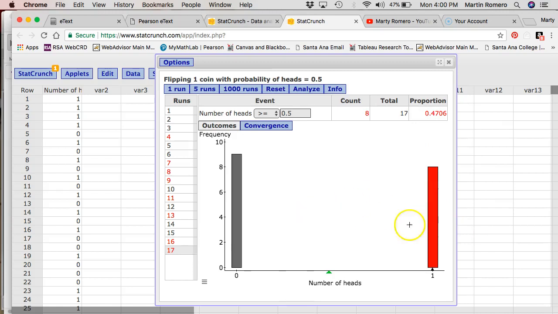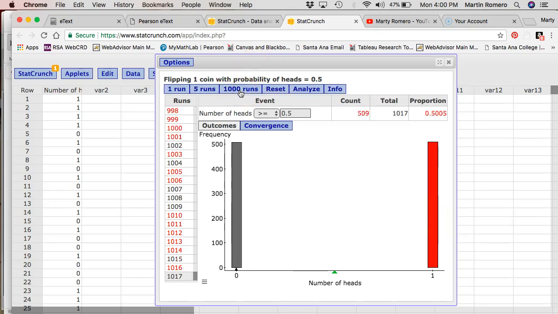But in the short term, notice, even though we flipped 17 times, we have 9 tails and 8 heads. So I'm going to run it 1,000 times. You can see after 1,000 times, our proportion is around 50%. We have 508 tails and 509 heads. So it's almost balanced out, but we had to flip 1,000 times to get there.